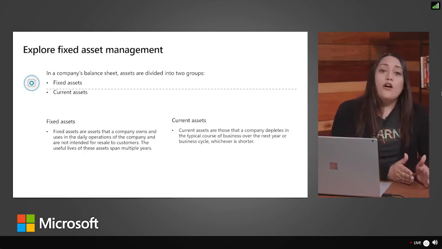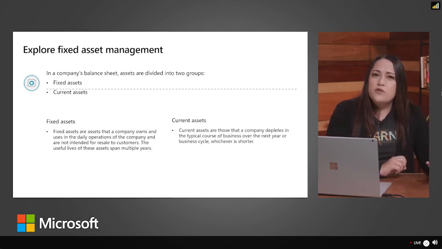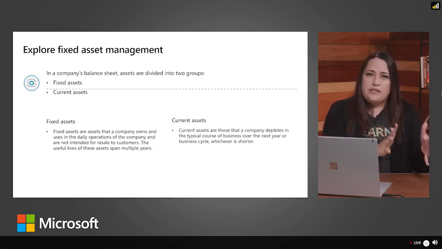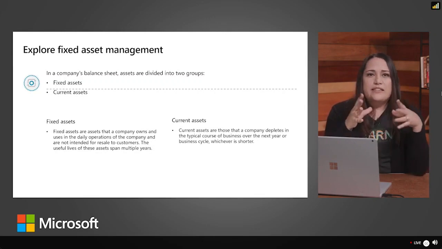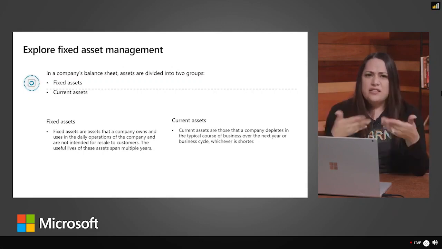Fixed assets are owned by the company with the goal of productive use by the company rather than resale. So we are expecting them to provide some sort of economic benefit for more than one accounting year, and it's designed to help the business operations.